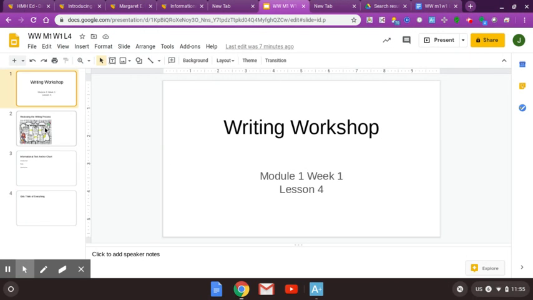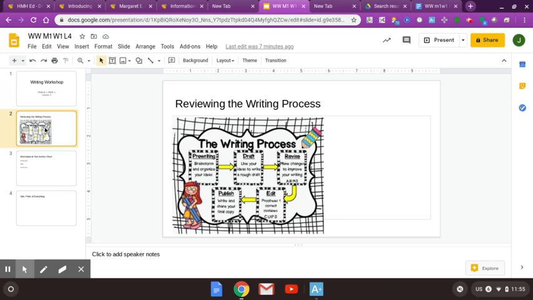First of all, in order to understand the writing process, let's take a look at our anchor chart. Let's review what the writing process actually is. Looking here at the left, we see the first part of the writing process is what we call pre-writing. Now that we know what it's called, what does it mean that we will do?